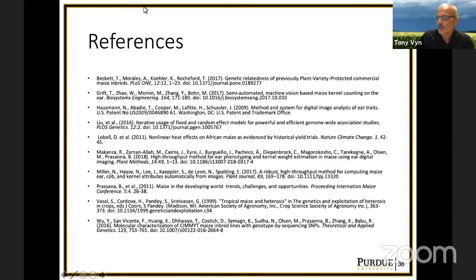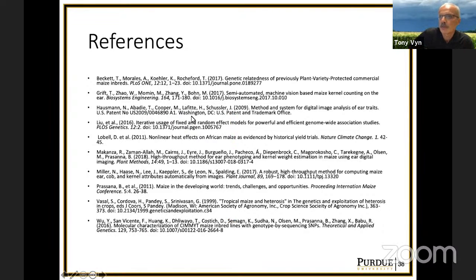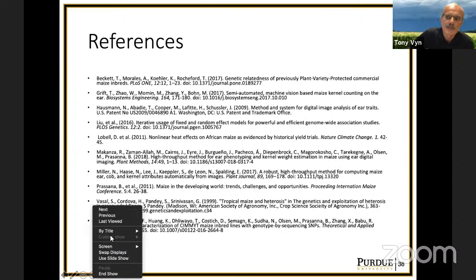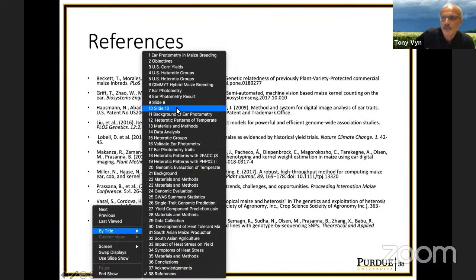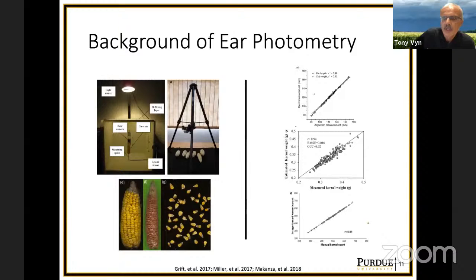I am curious a little bit about the relationships of the ear photometry to the kernel weight parameter. At the beginning of your talk, you provided an example from published studies indicating pretty strong relationships, but when you got into some of your own results, the relationship of ear photometry to kernel weight was fairly poor, I would say.